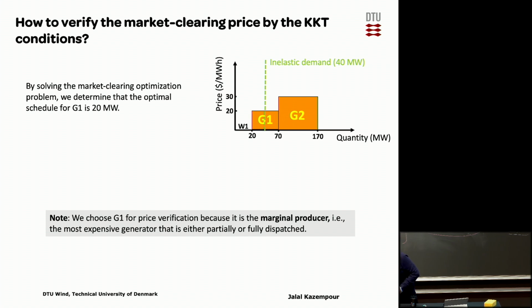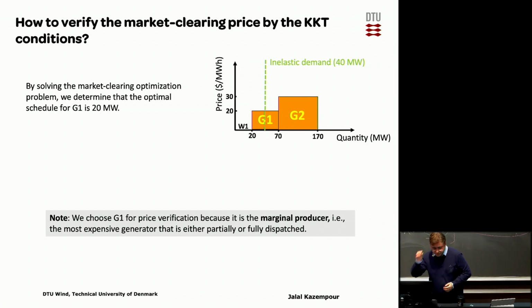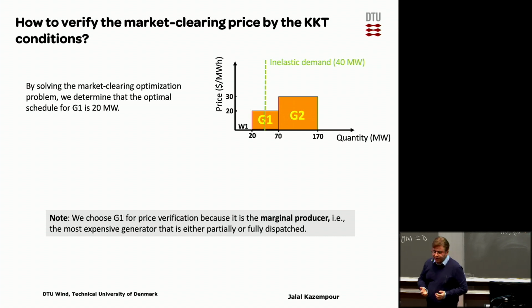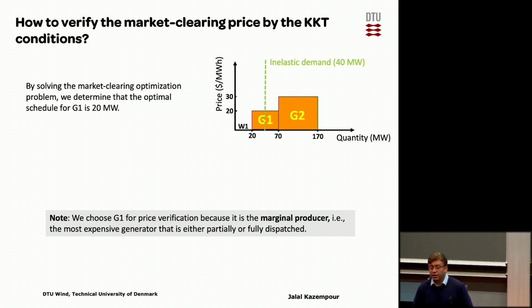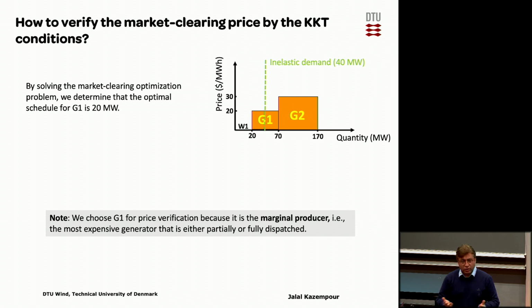A bit more math. I don't expect you to solve KKT conditions to run the market, to optimize the market. What you will do is ask Julia, Python, whatever, to solve the optimization problem for you, and you will ask Julia or Python to give you the lambda.